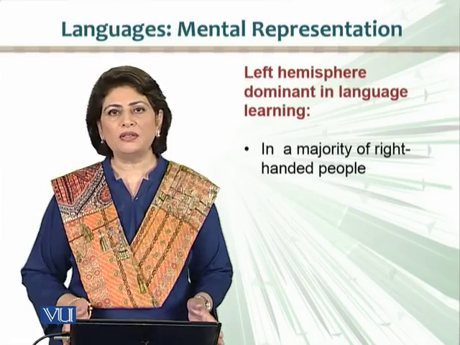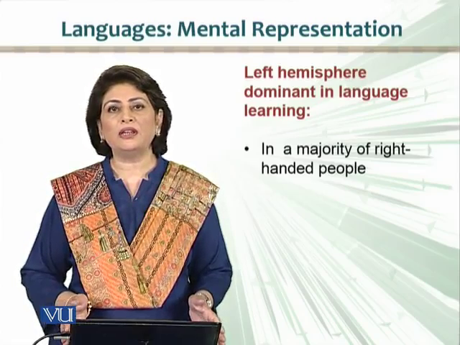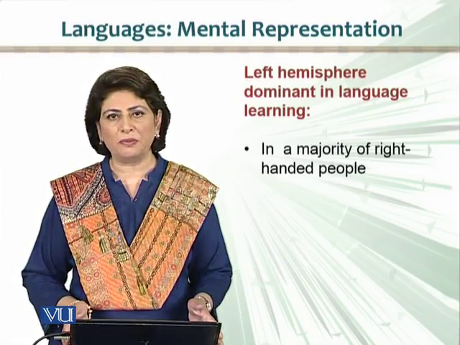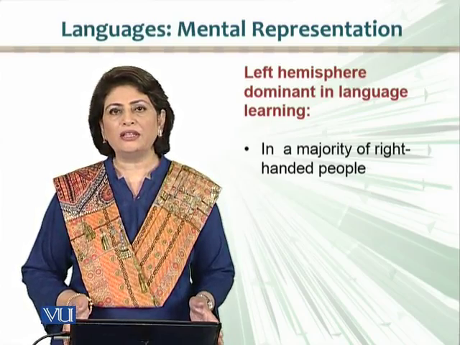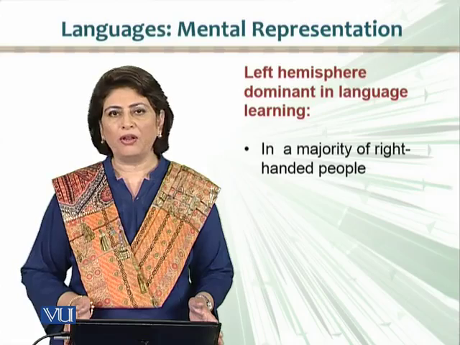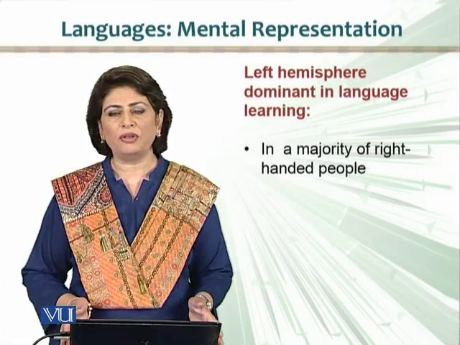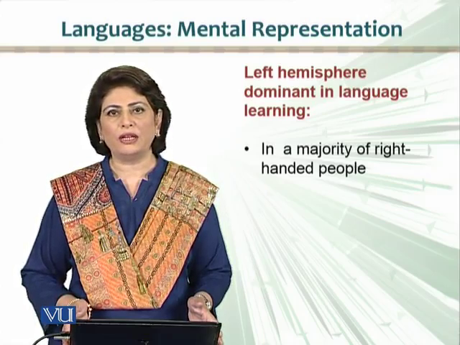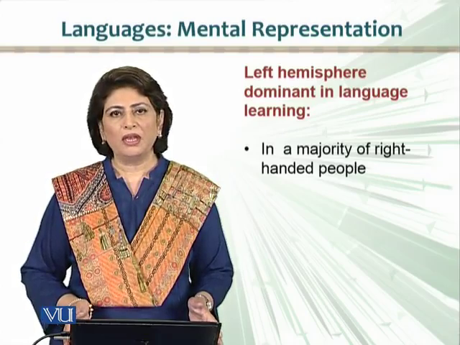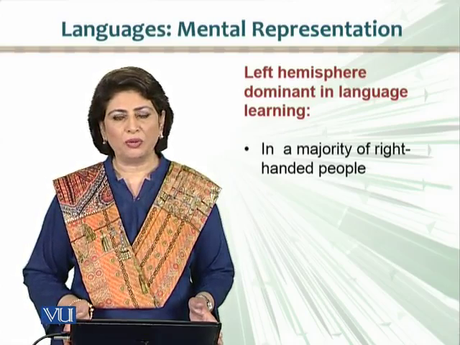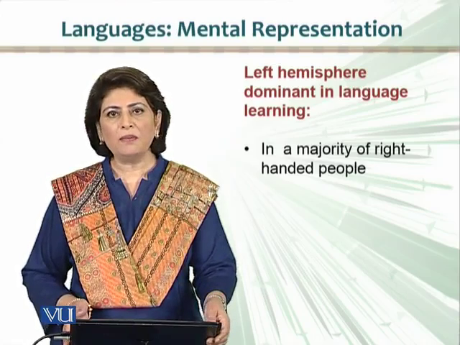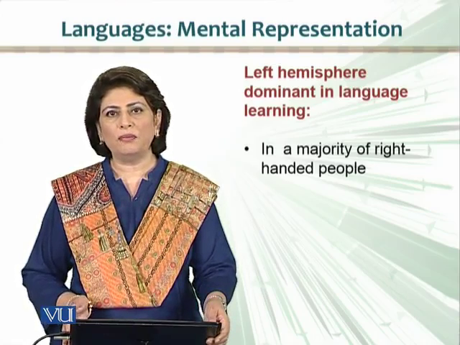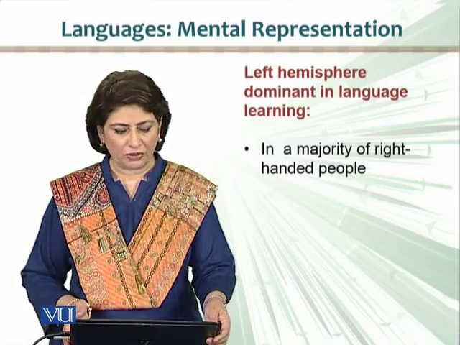So what we are saying is that in all right-handed people, there is a likelihood that it is the left brain or left hemisphere of the brain that is involved in language learning. If it does not happen that way, then it is an exception. Now, the same is true of the bilinguals also.